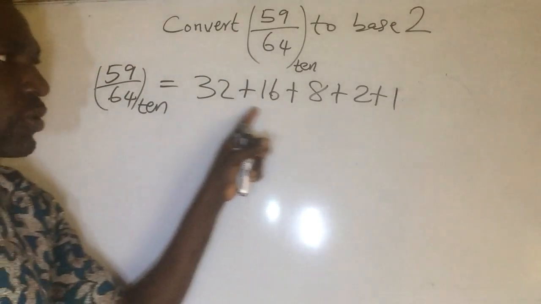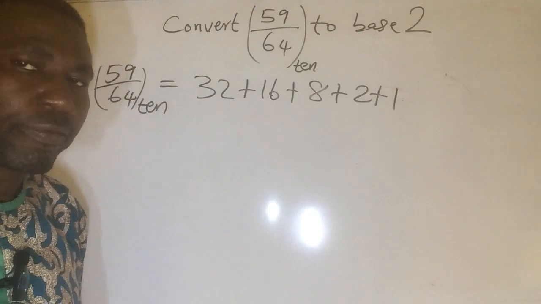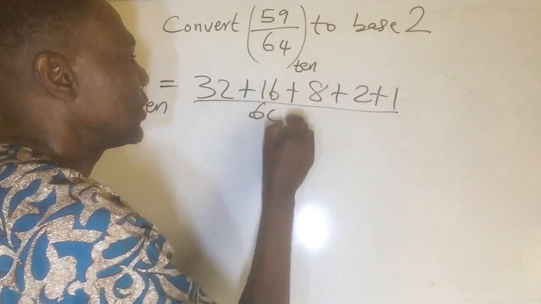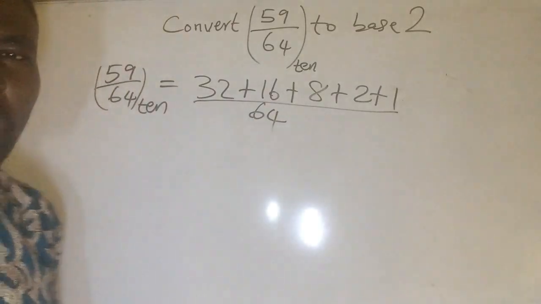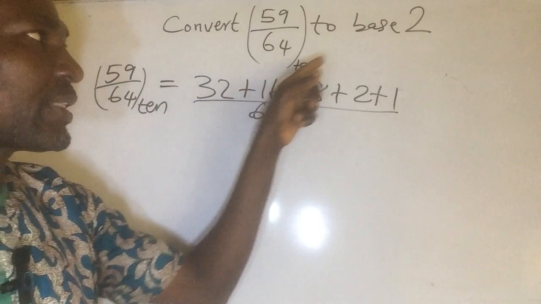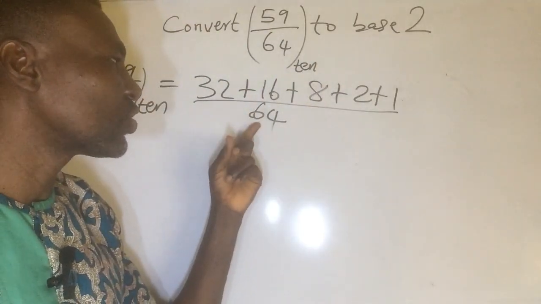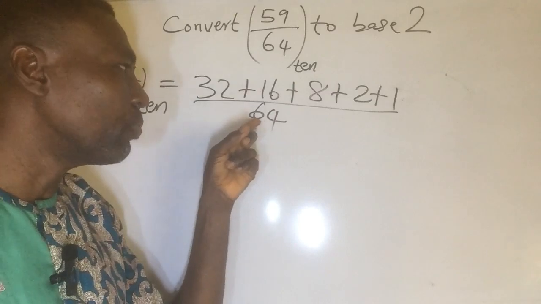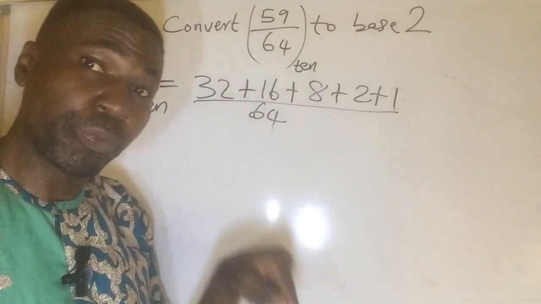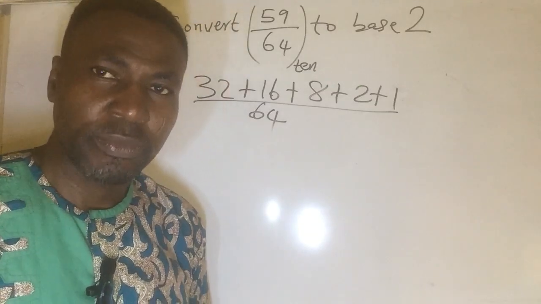So if you add all these numbers now, they will give you 59, all of them over 64. So why do we break it down? You know that we want to convert this number in base 10 to base 2. So we are breaking it down so that we will break this 64 down to be 2, which is the base we want to convert the number to.